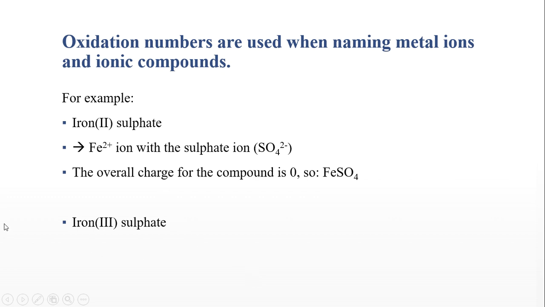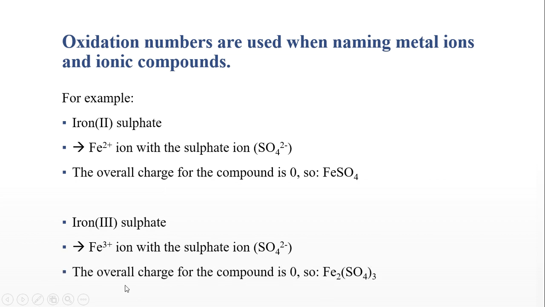But we can also buy iron(III) sulfate if we want to. Well, that means that we have Fe3+ ions. We can read that from the oxidation number in the name. We still combine them with sulfate ions, which we know the formula of and the charge of. And then we need to combine these so that the overall charge is 0. Then we need to find the lowest common multiple.